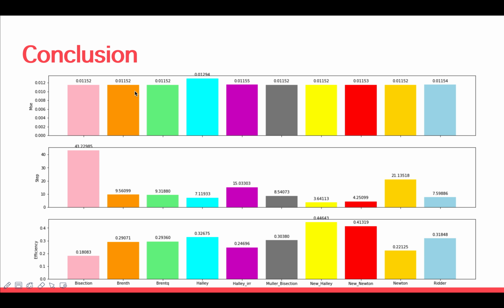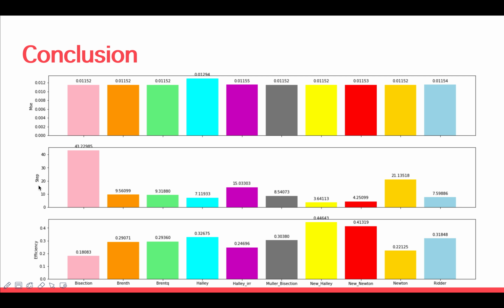And then the other method, Muller-Bisection, has a little bit of a connection with the bisection method, so they all look very great.